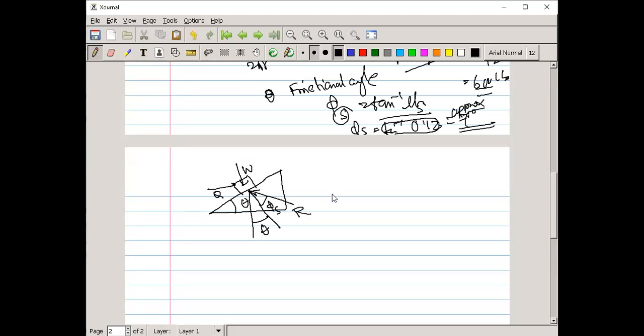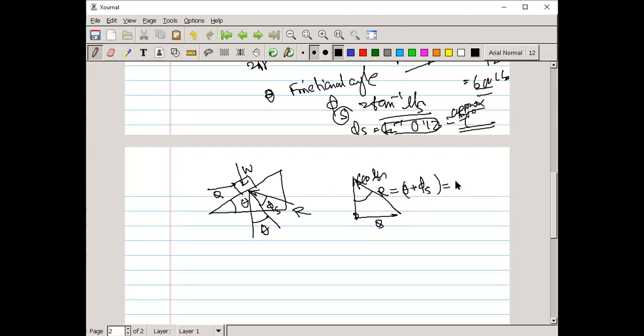Now, if we draw, W is 600 lbs, and here Q is this one, and this one is your resultant, no? And the resultant's angle with respect to the vertical axis is nothing but theta plus phi s.